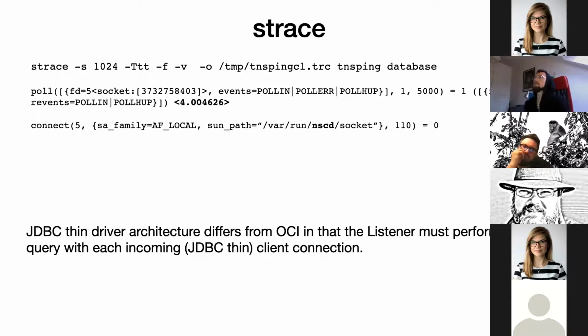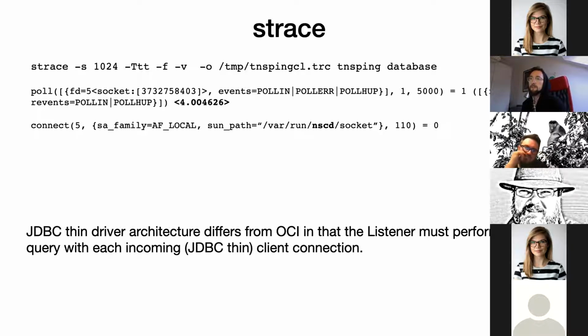Then we connected the fact of this longer DNS execution with the fact that this piece of software, which was running reports on both Exadata systems, was using the JDBC thin driver to connect.